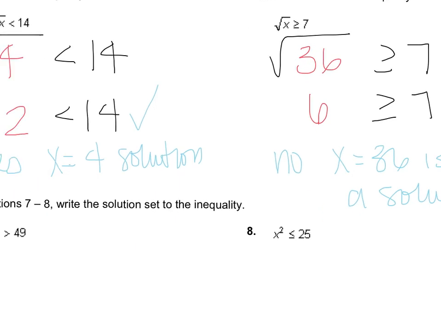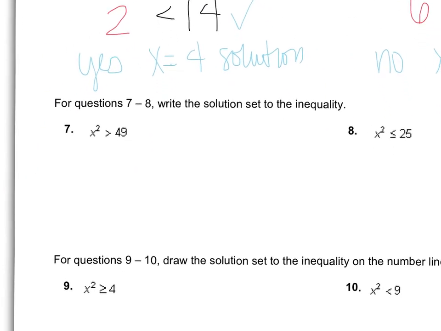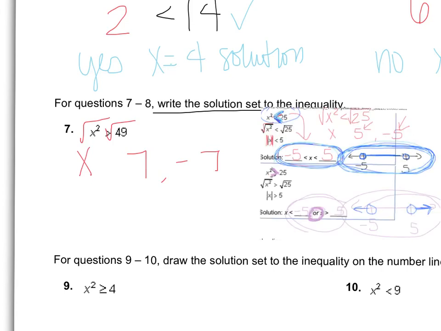Let's look at number 7. We have x squared is greater than 49. We're supposed to write the solution set to the inequality. So I'm going to square root both sides. So I get x, and the square root of 49 is positive 7 and negative 7. Okay, this is one of those where you're going to want to go back and look at your notes. So I've inserted my picture of the notes that I'm talking about here. And we just have to look at our sign.